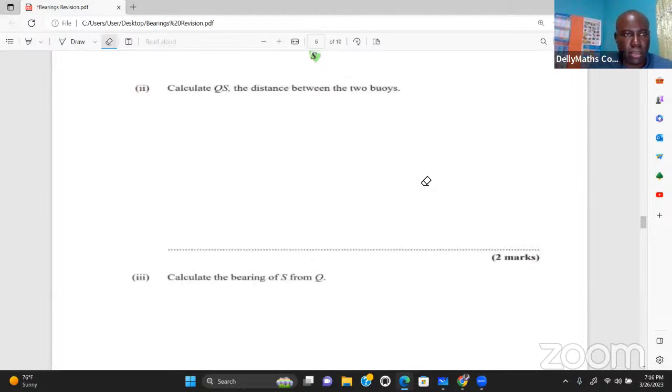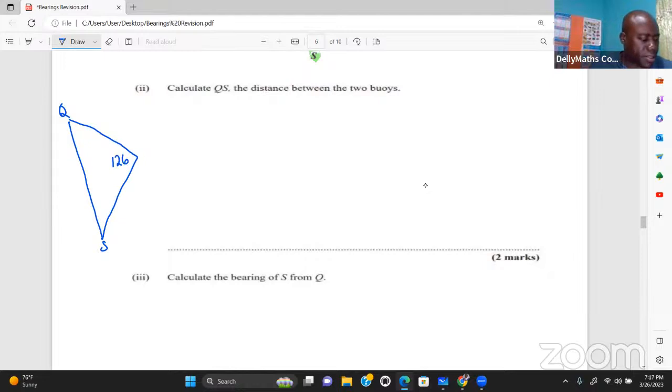All right. So I'm dropping a quick diagram, not a big one. QS, that's what we want. This was 126. This is 5.4. This is 3.5.